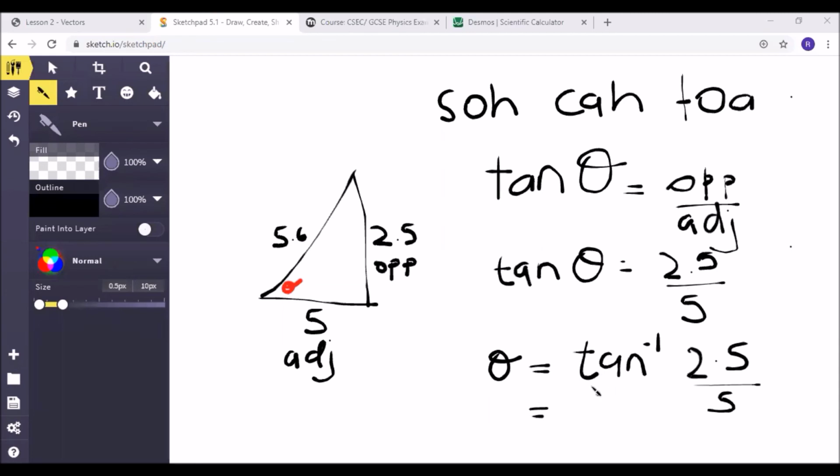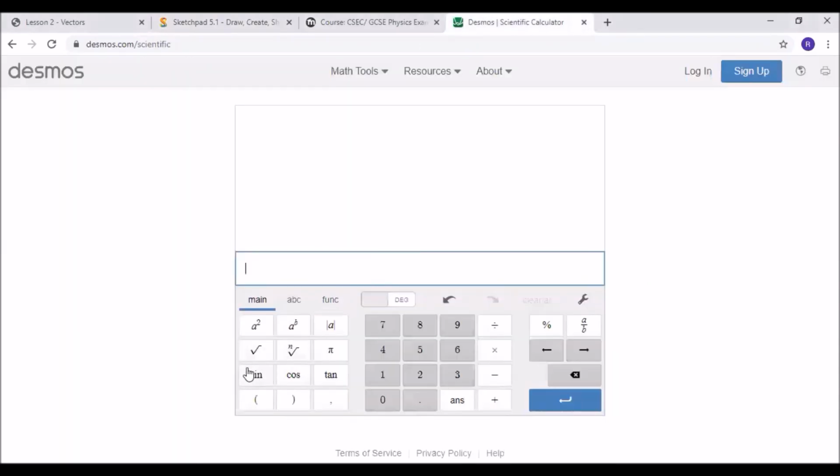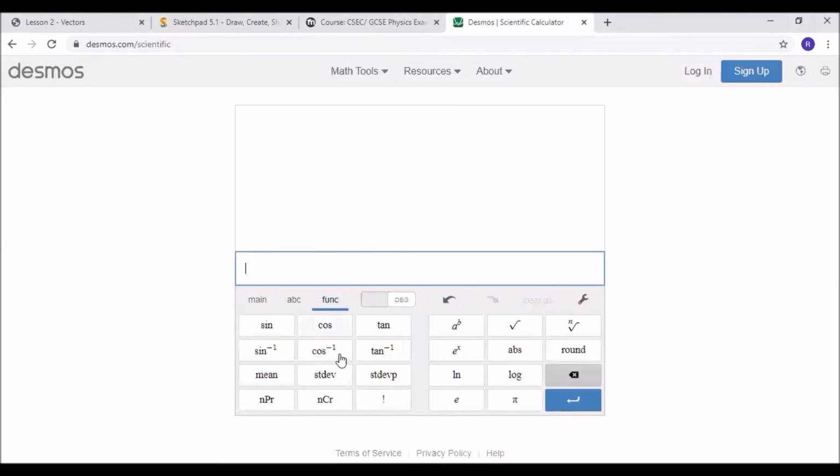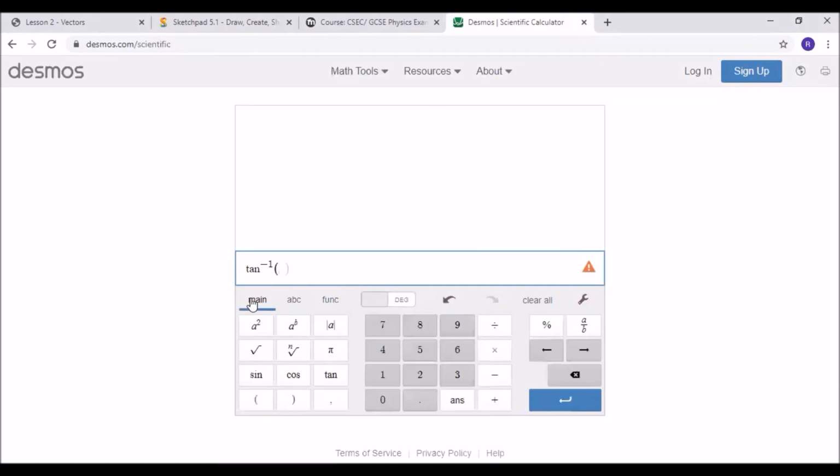So let's move over to our calculator here. So we will go tan inverse of 2.5 over 5, and here we'll have 26.56.